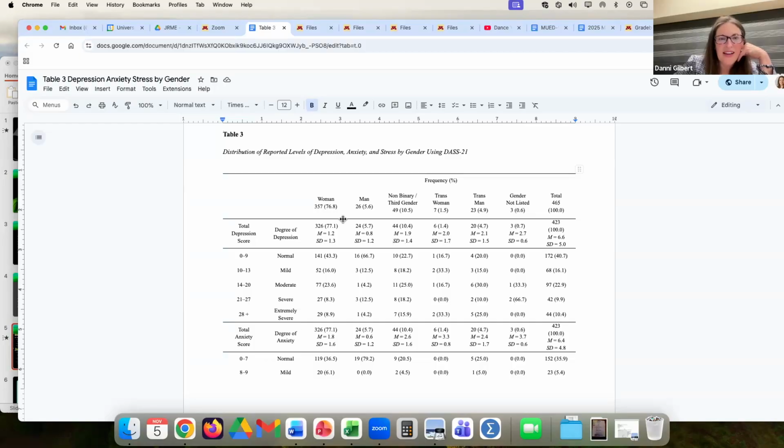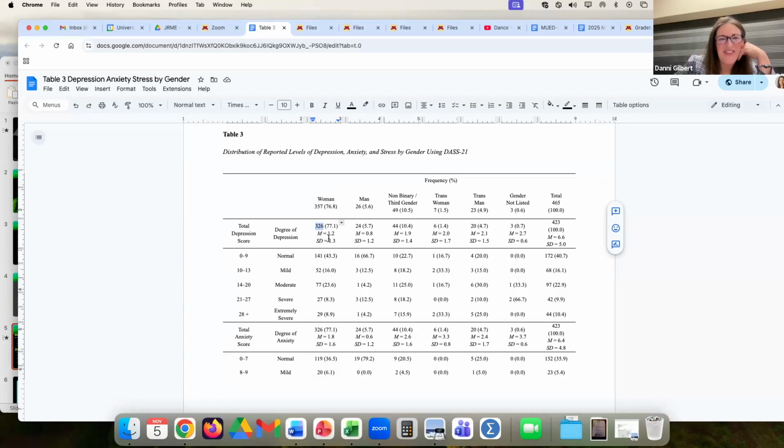So if I'm looking at the first column, the women who responded to the study, there were 357 women total who responded to the survey overall, or 76.8% of the overall population of people that responded. And then when they answered questions about depression, 326 of the overall total women responded to these questions.